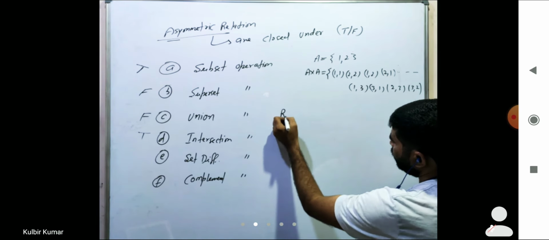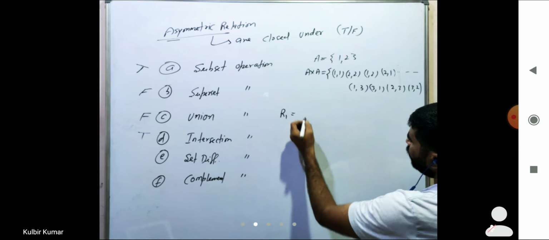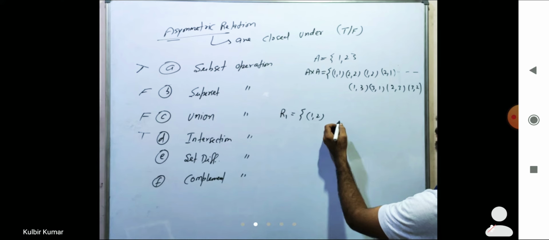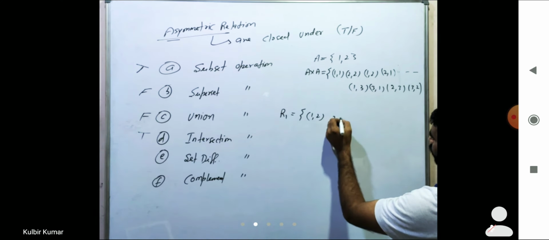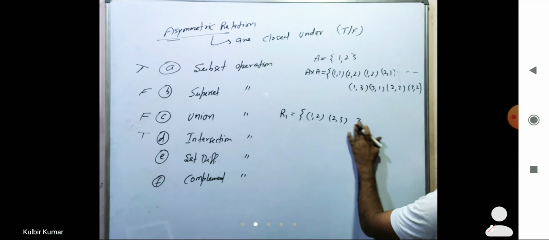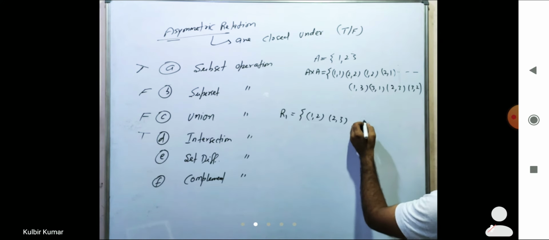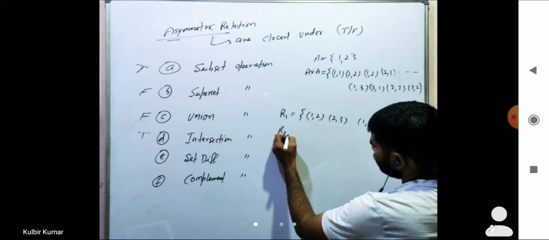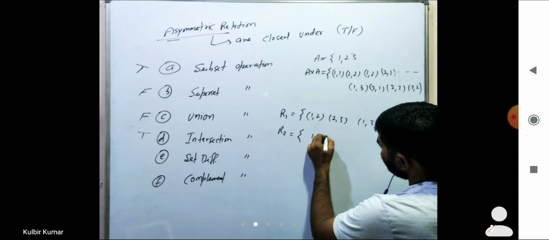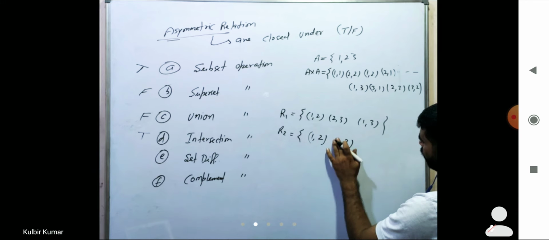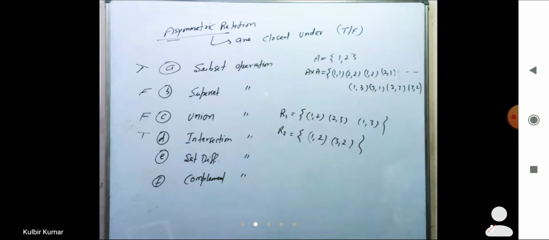Let me take a relation R1 which is (1,2), (2,3), and (1,3), and R2 is the relation in which it is (1,2) and (3,2).